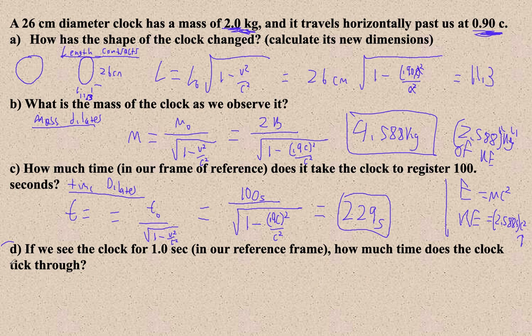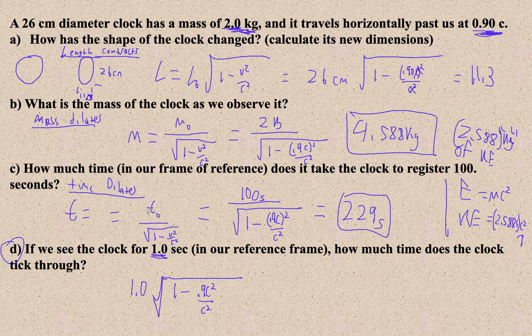Now, here's a final way to ask this question. If we see the clock for 1 second, how much time does the clock tick through? Well, since the clock is ticking slower, it's going to be less than 1 second. So I'm going to go 1 second times this factor, because I want to make a number less than 1.